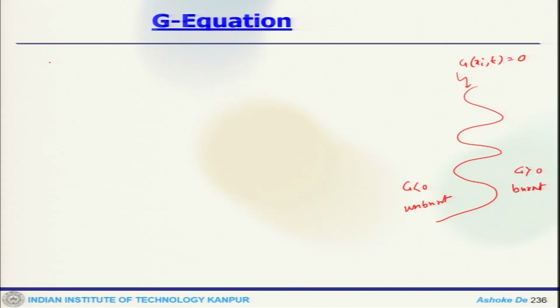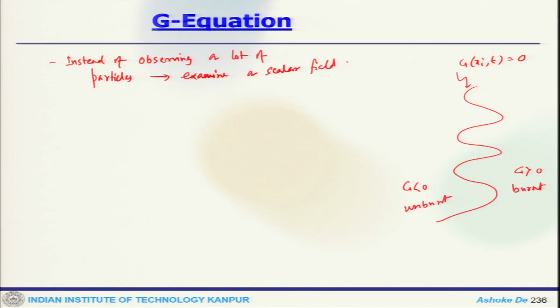Another way to look at it, instead of observing a lot of particles, is to examine a scalar field like G. The isosurface is defined as G of x, t equals G naught, which is 0.